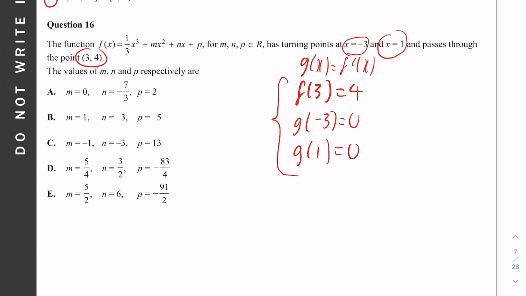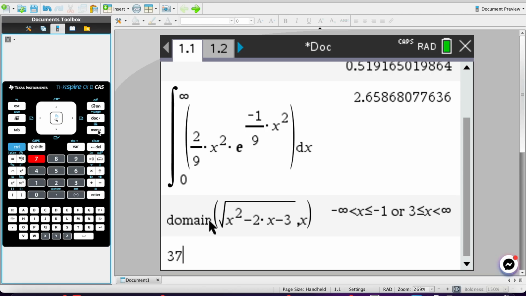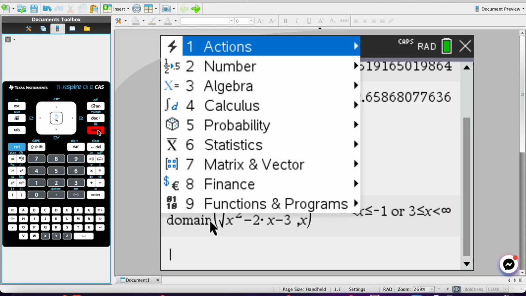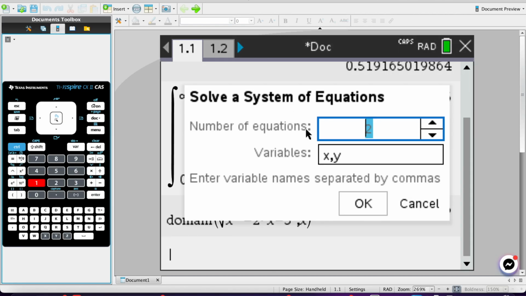So if we just put that on the CAS, it should give us the answer straight away. So it's menu 371 for the system of equations. We've got 3 equations and our variables are m, n, and p.